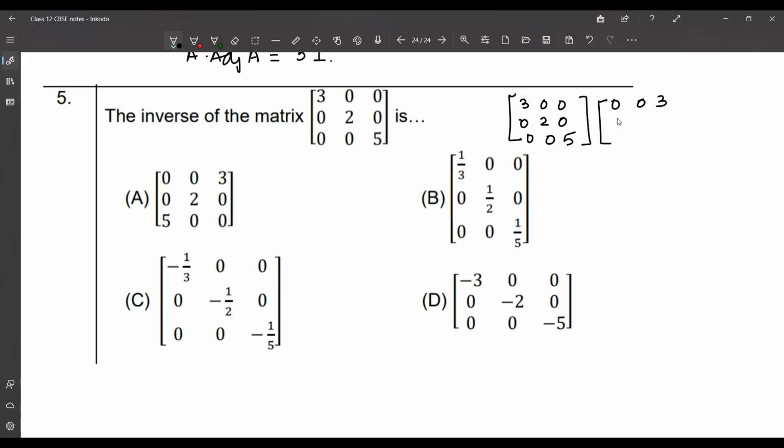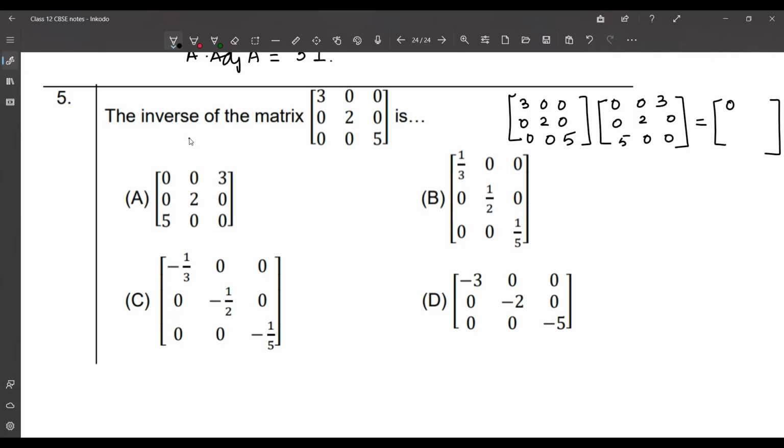So the first element would be 3 into 0, and 0 into 2 is 0. So the very first element fails to be equal to I.